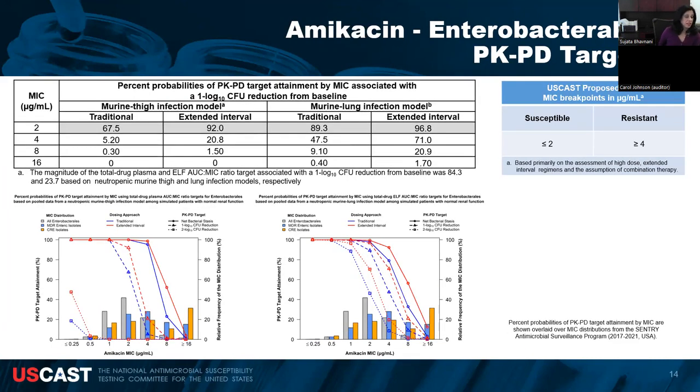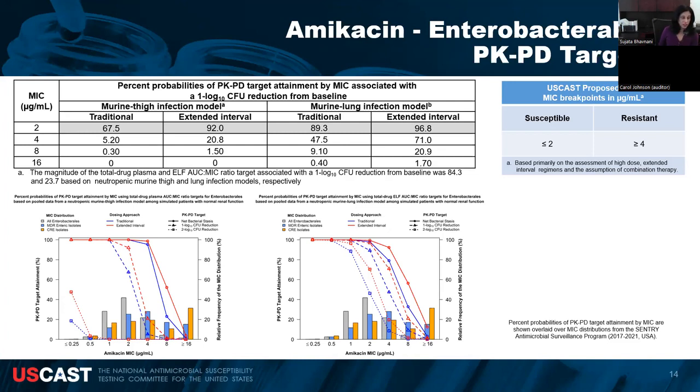For amikacin, you can see that with the exception of traditional dosing, extended interval dosing for the lung model achieved 92% probability of target attainment at a 2, and 97% probability of target attainment for a lung infection model. For traditional dosing, it didn't quite get to 90%, but it was 89.3%. Thereby justifying a breakpoint of 2 and then setting the resistant breakpoint at 4.